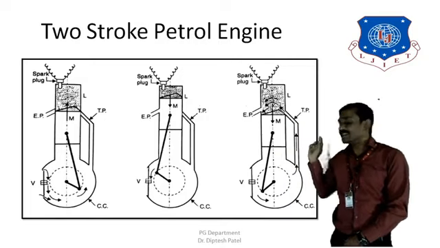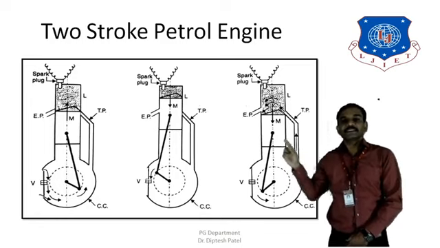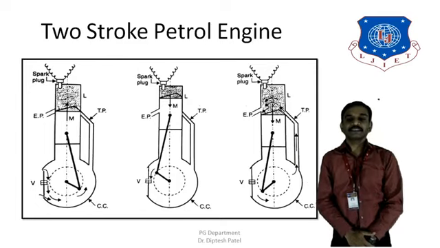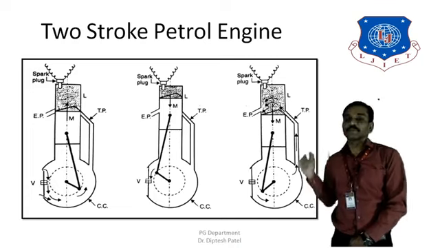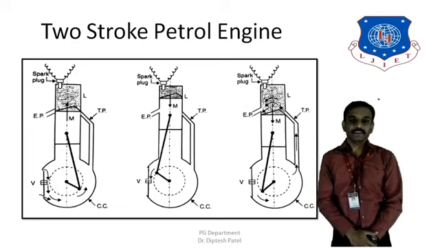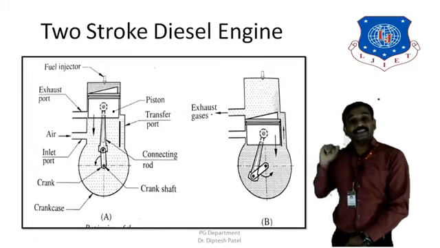So all the gases that remain in the cylinder leave through the exhaust port, and the fresh charge enters the cylinder through the transfer port. The transfer port is ultimately connected with the crankcase. So fresh charge is taken in from the inlet port into the crankcase, and then from the crankcase through the transfer port to the cylinder head.